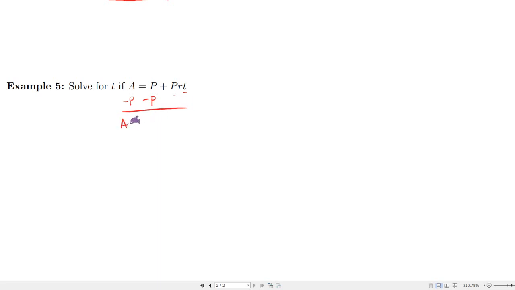So we'll have a minus p is equal to prt. And to solve for this t, let's just divide both sides by pr. So we'll have a minus p divided by pr is equal to t.